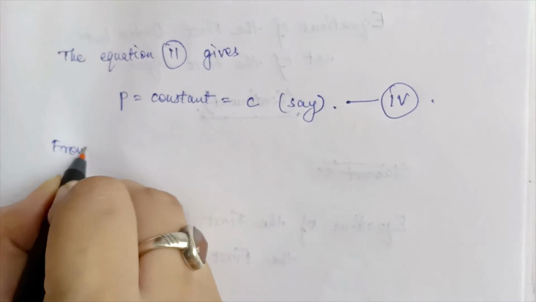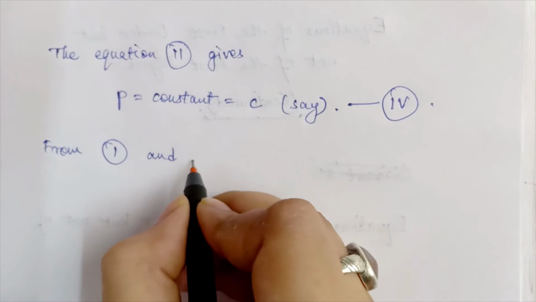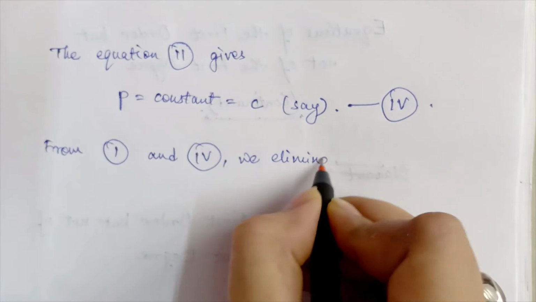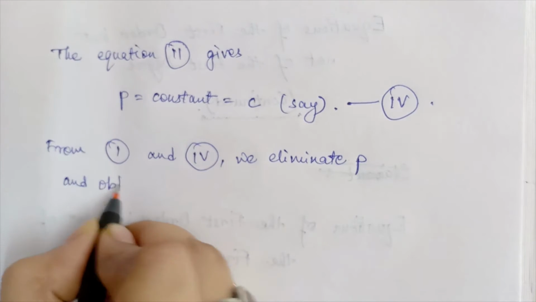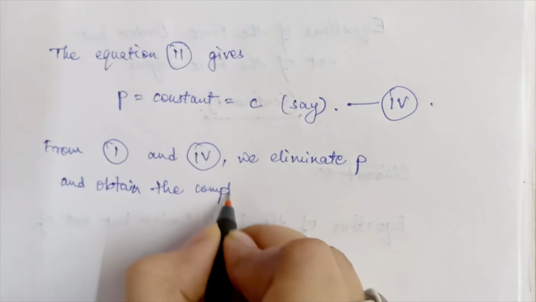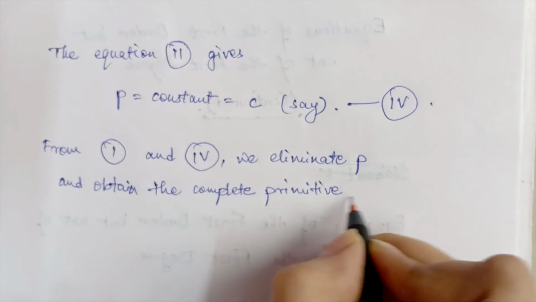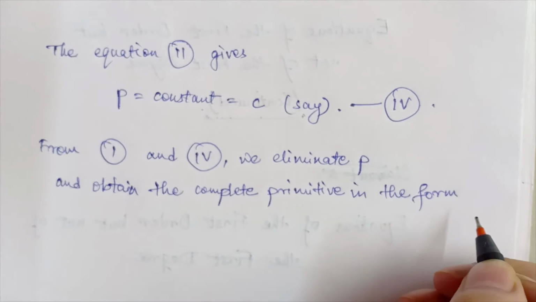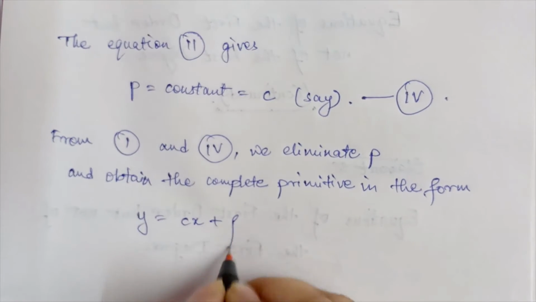Now from the first equation and the fourth equation, we eliminate p and obtain the complete primitive in the form y equals cx plus f of c.